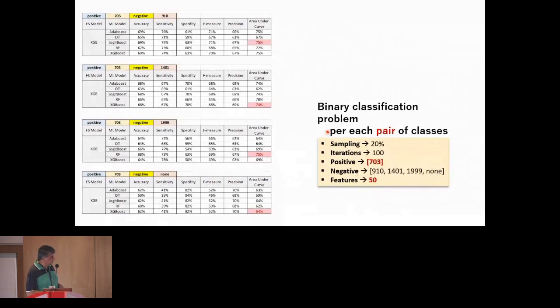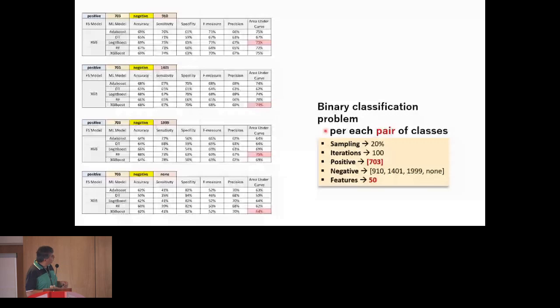For example, if we now report on the binary classification problem, as we said, we consider the positive as endpoint 701 and the negative as 91. So we did all of the pairs. For the accuracy and the area under curve, we reached about 75, where XGBoost as the feature selection model gave the best result, because we focus on this feature selection approach.